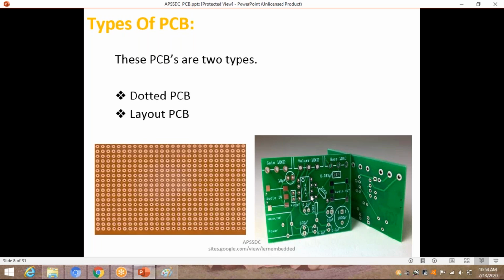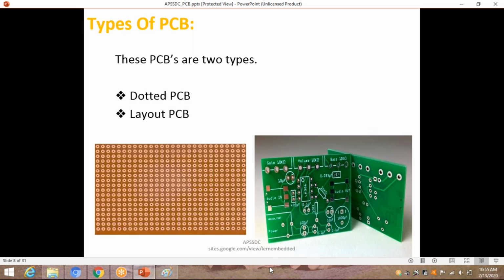Guys, here you have some resistors, capacitors. This printing is known as silk screen. Guys, is it clear, all of you? Yes, sir. Okay, thank you.